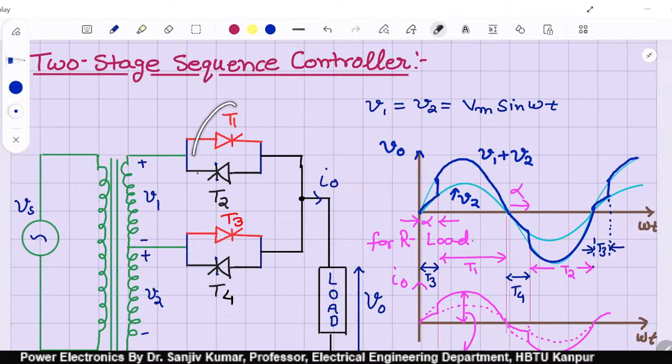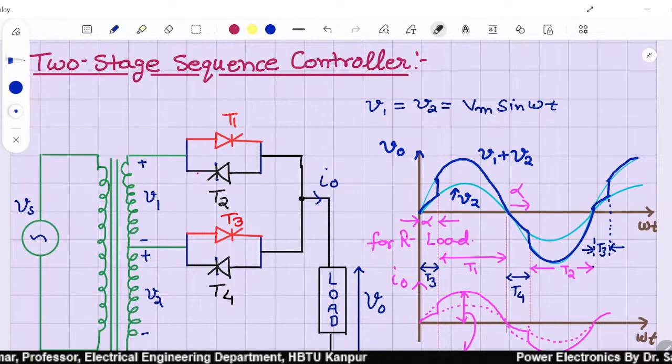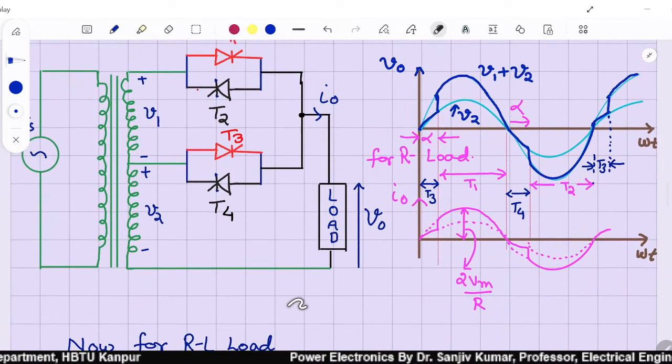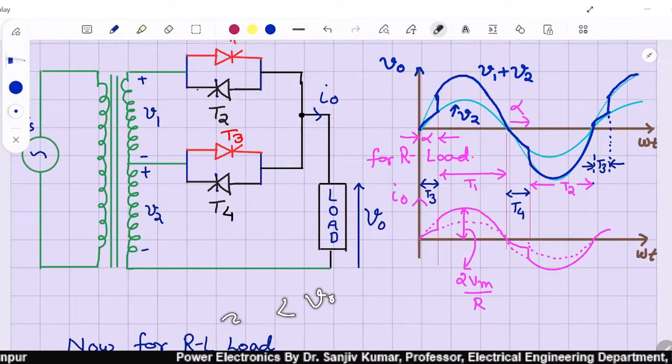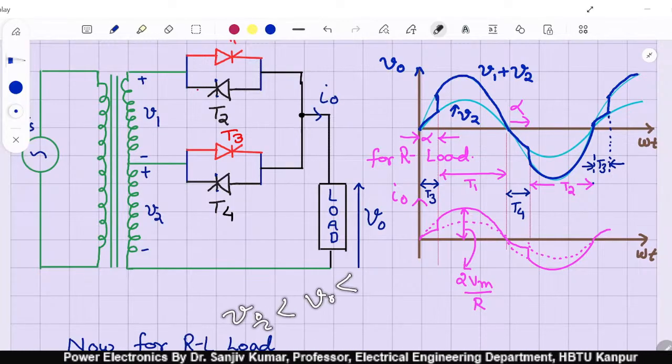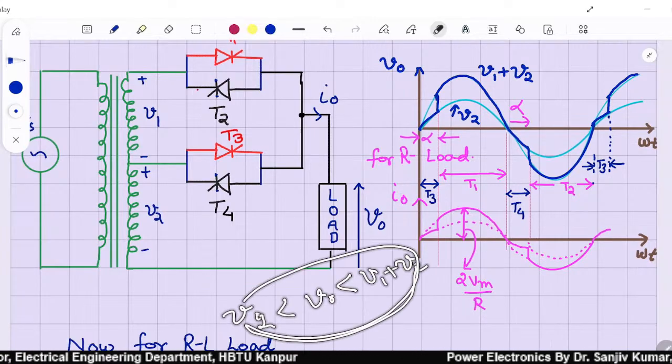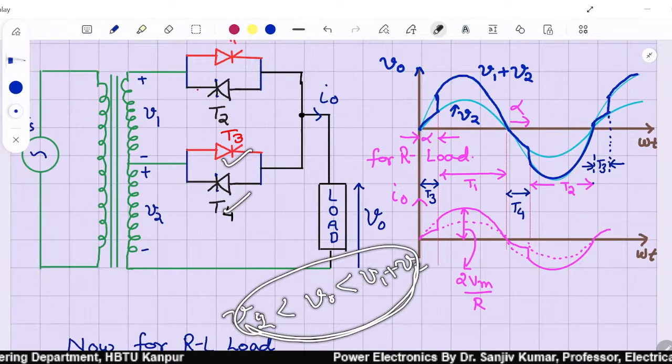And T1, T2 need to be triggered to control the voltage from V output greater than V2 to less than V1 plus V2. So all the time the minimum voltage is V2, that means T3, T4 must be on.